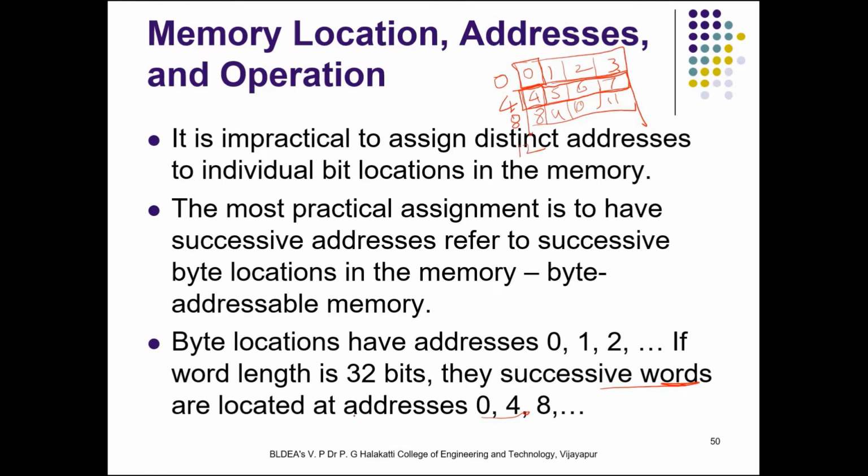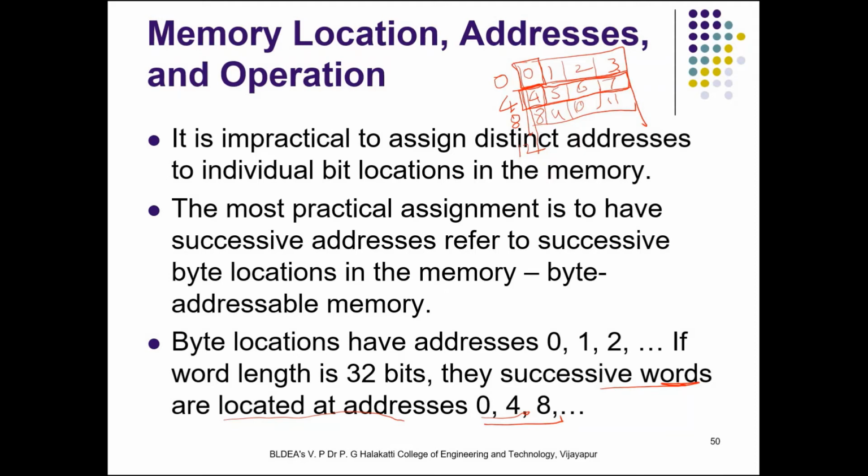So the successive word addresses are located at 0, 4, 8, and so on. Thus we can say that the word locations have aligned addresses, because each one has the correct alignment.